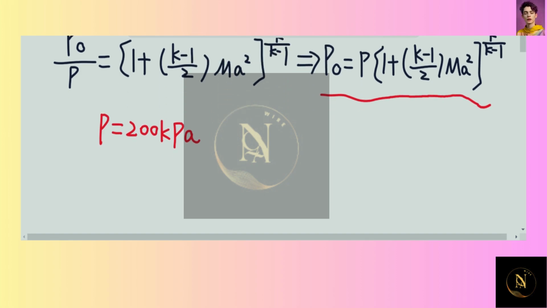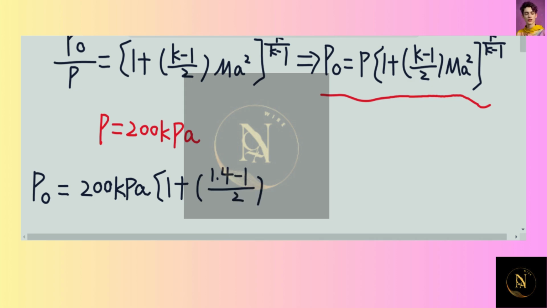So let's plug back into the equation to determine the stagnation pressure, which is equal to 200 kilopascal times (1 plus (1.4 minus 1) divided by 2 times 0.8 to the power 2) to the power of 1.4 over 1.4 minus 1.